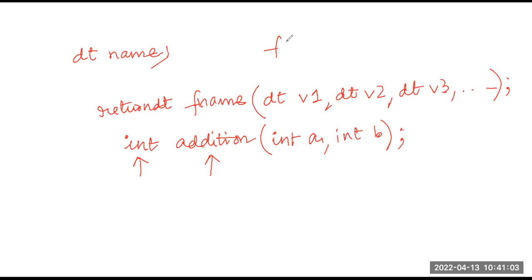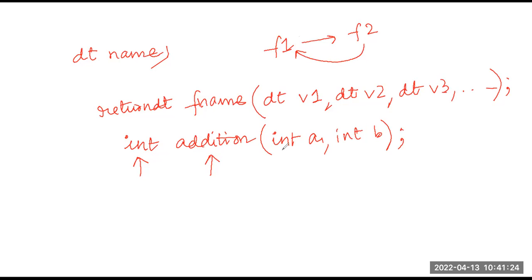Suppose from function 1, you have called function 2. After processing of function 2, something will be returned to function 1. The data type of this returned value is specified here as the return data type.